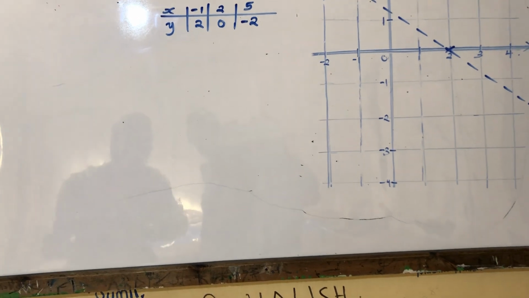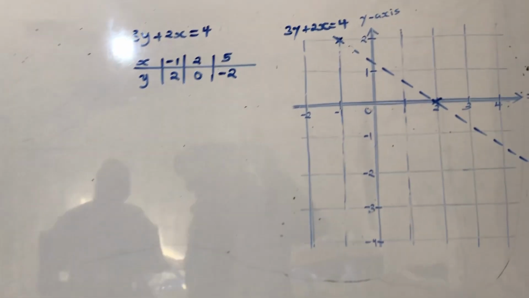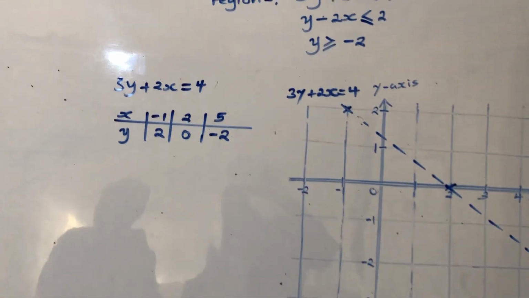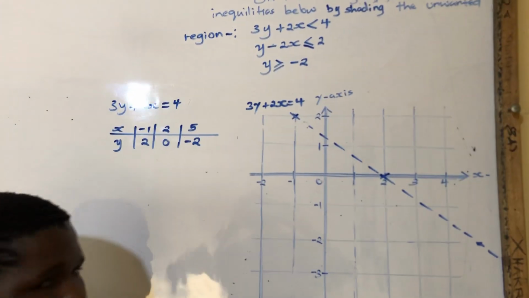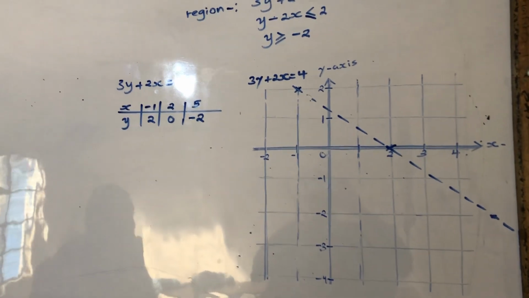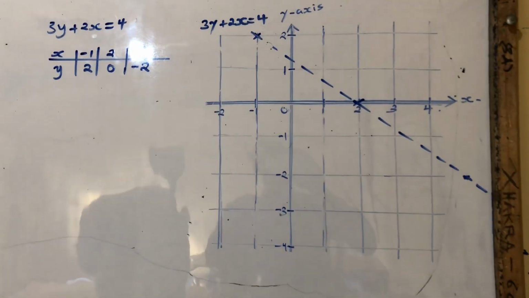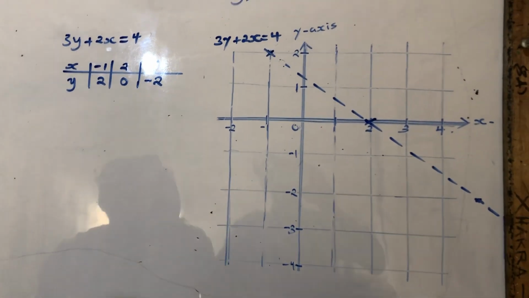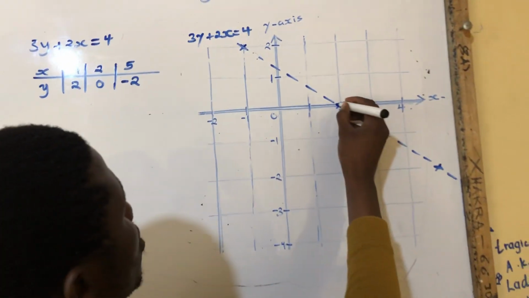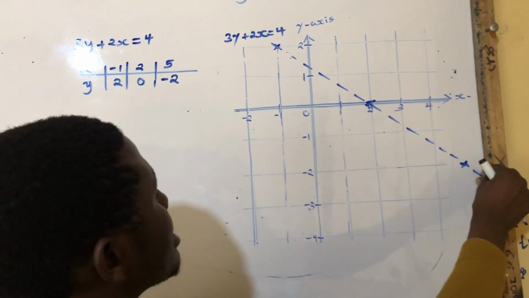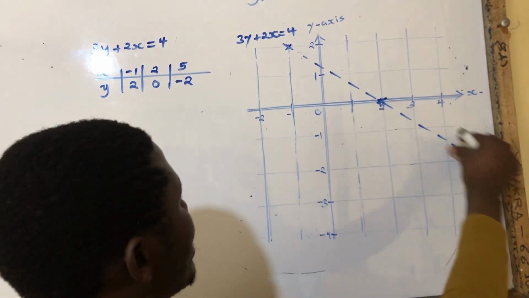Like we mentioned already, we will pick a point at random from our graph. Just make sure that the point you pick must not be a point on the line.